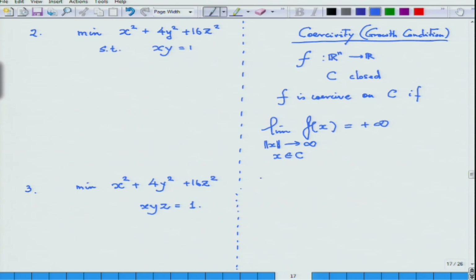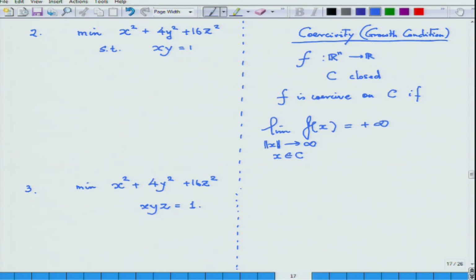Such a thing would not happen if set C is bounded. If the set C is bounded, you cannot have norm x going to plus infinity, of course, with x remaining in C. So, these facts become helpful when the set C is actually not compact, not bounded at least.